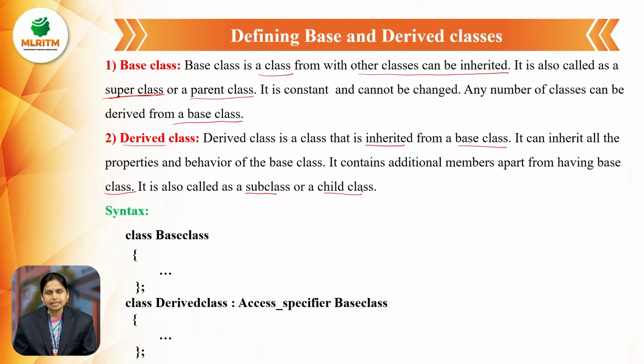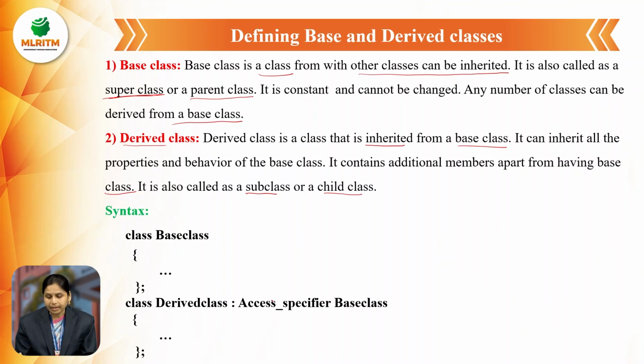Okay, let us see the syntax for the base class and child class. First we have to define the base class. From that base class, we can derive the child classes. First, we have to write the parent class or base class. The syntax is class, base class name, then it contains some members. Next, we have to write the child class. Here we are using the inheritance concept.